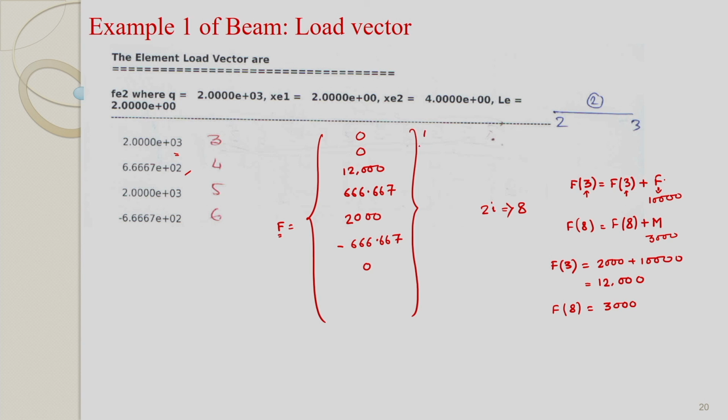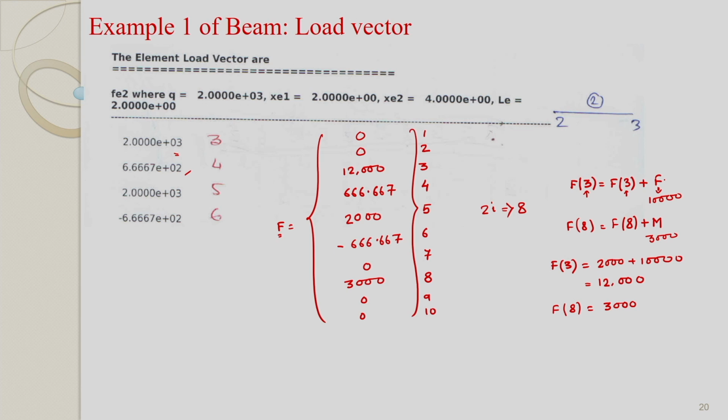So, this is global DOF 1, global DOF 2, 3, 4, 5, 6, 7, the 8th entry coming from the point moment, that is 3000, and your 9 and 10 will be 0.